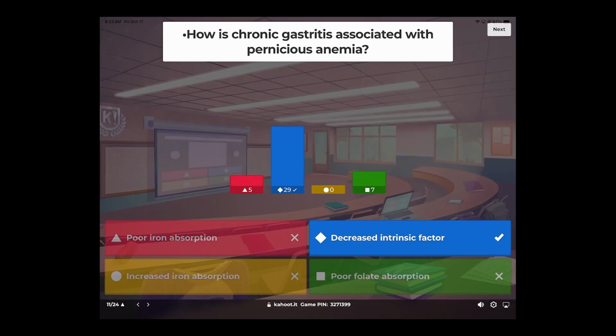So why do they have a problem? Remember, where does the intrinsic factor come from? That's where it gets absorbed. Where does it come from originally? Stomach. The lining of the stomach makes the intrinsic factor, which is why chronic gastritis affects the amount of intrinsic factor you make. Therefore, the terminal ileum has nothing to reabsorb with the B12, and you get pernicious anemia.